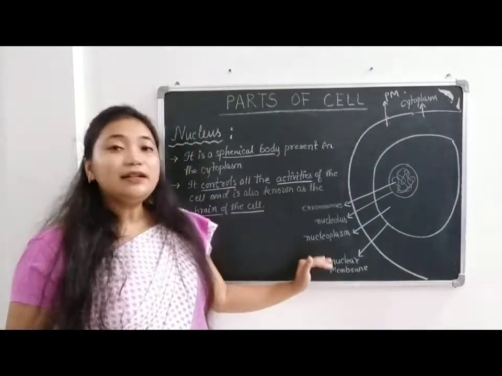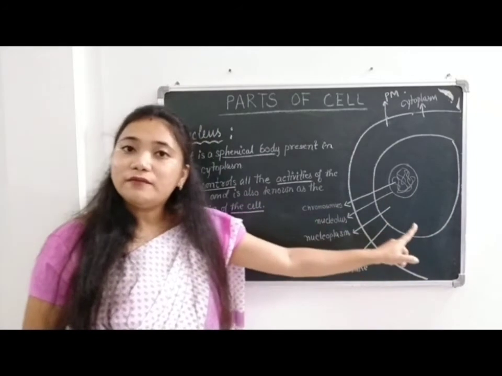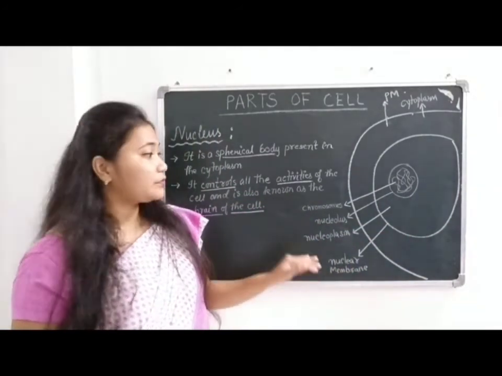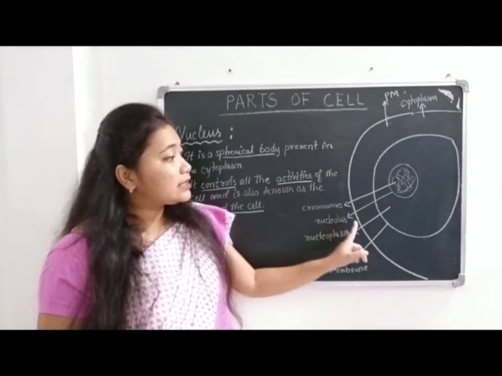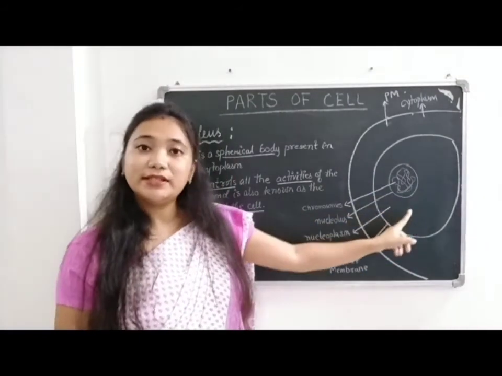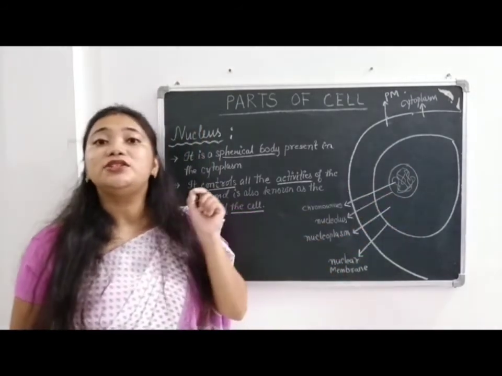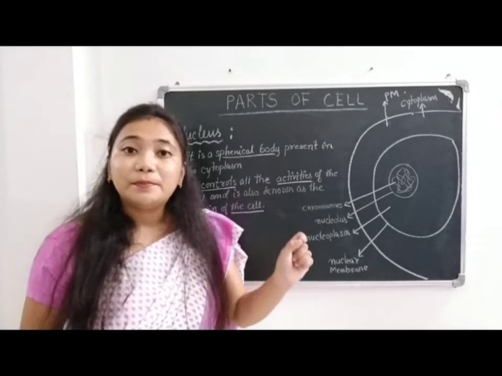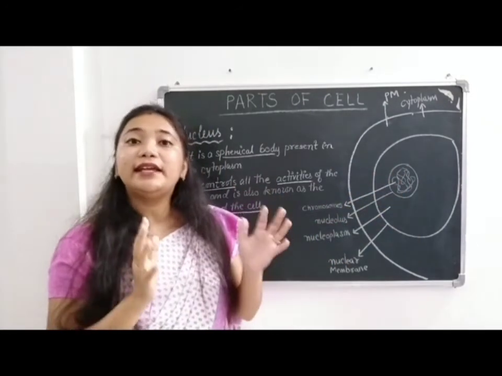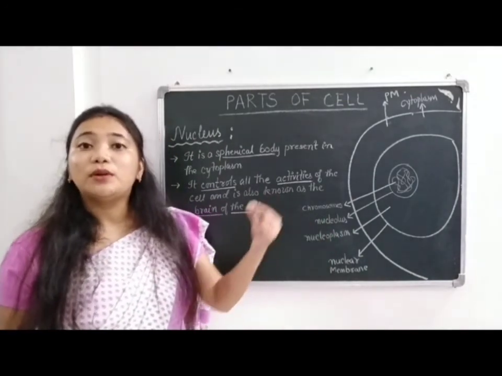Now, inside the nuclear membrane, there will be again fluid, and we will call it the nucleoplasm. And inside the nucleus, there is another spherical body which will contain the gene or the genetic material. This spherical body which contains the genetic material is called the nucleolus.